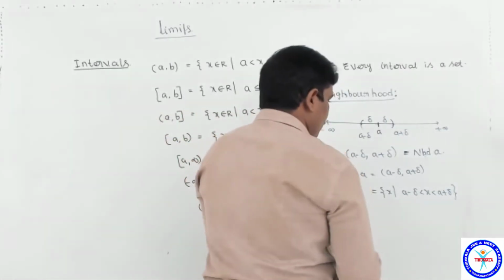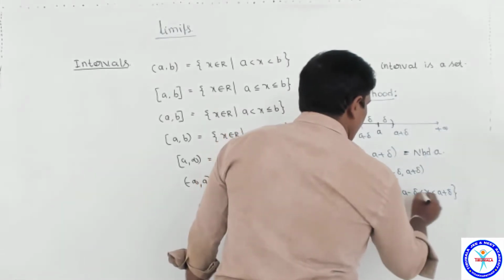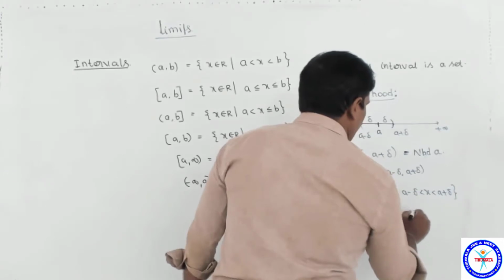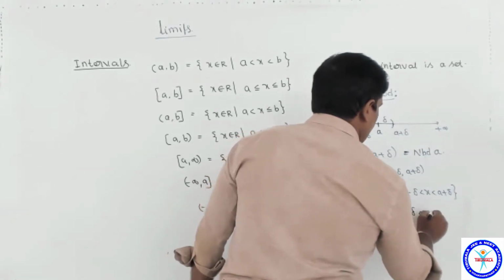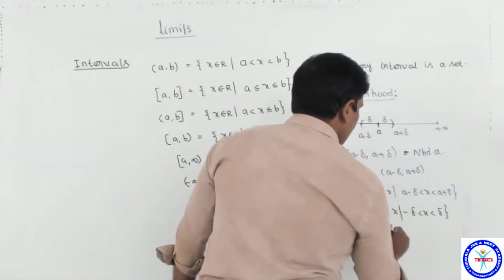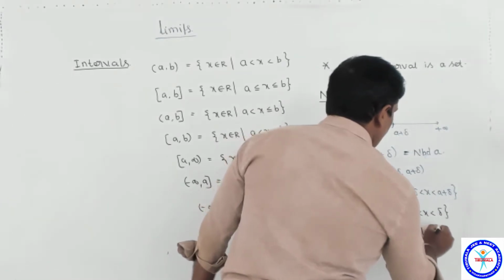This is equal to x such that |x − a| < δ.